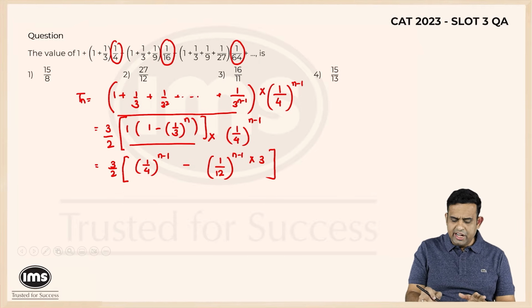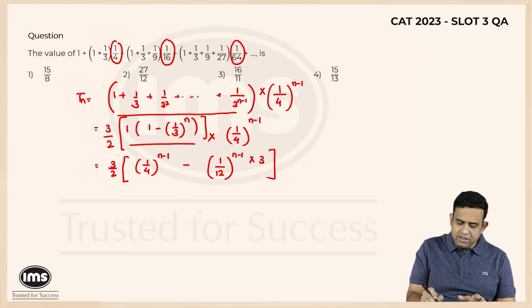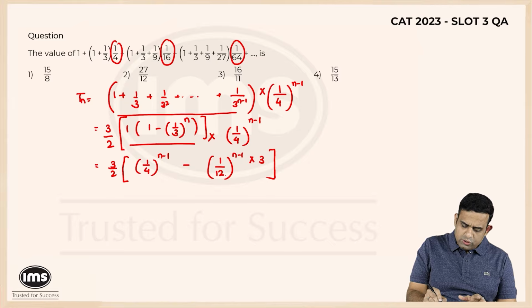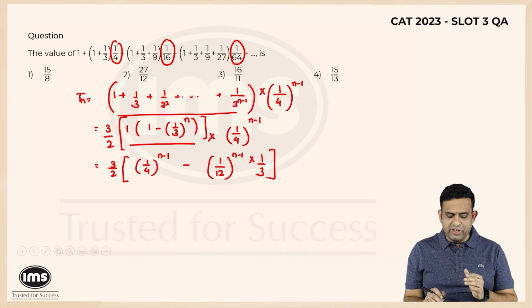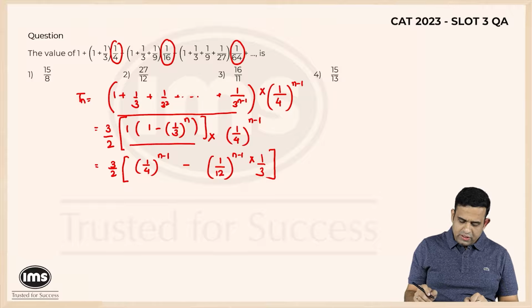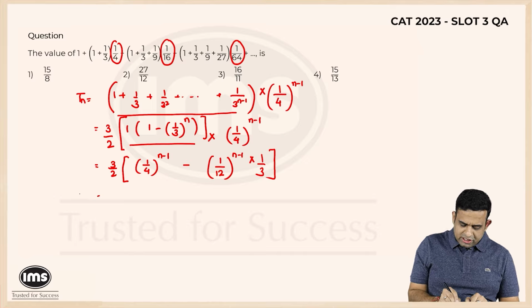We can just check whether we are right or wrong in this particular case. So here we have 3 raised to n minus 1, and here we have taken 3. That is wrong. We need to do a 1 by 3 in this particular case, because we have 3 power n ultimately. So now if I need to find out the summation, this is going to be summation of Tn. So 3 by 2 is common.